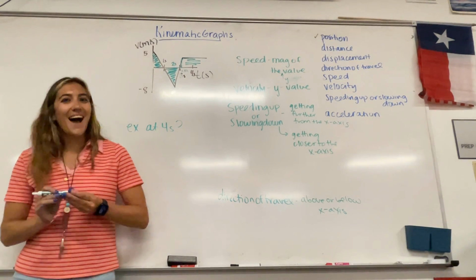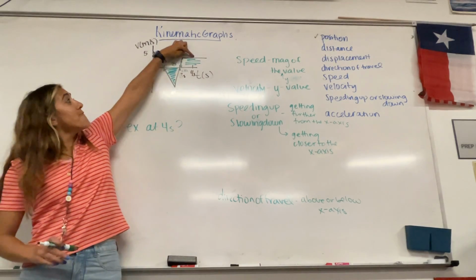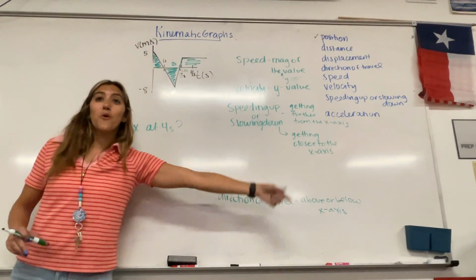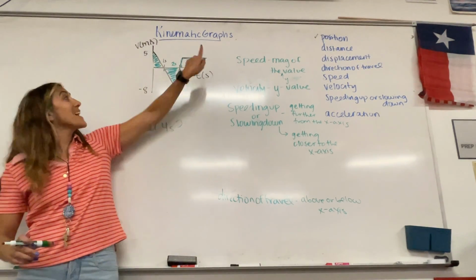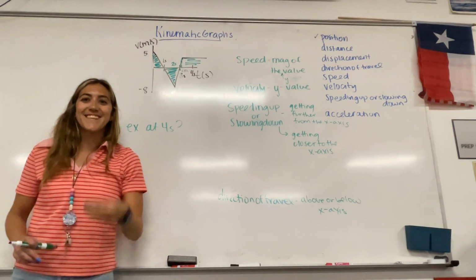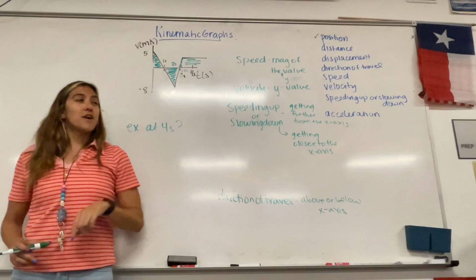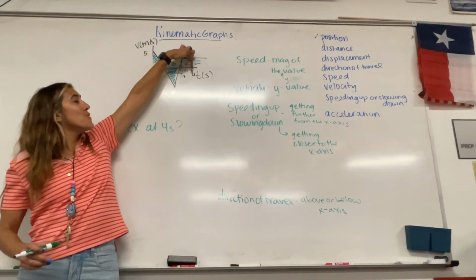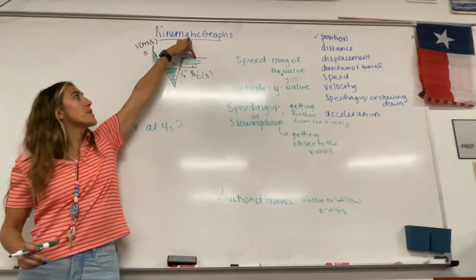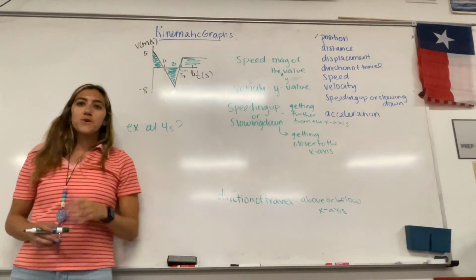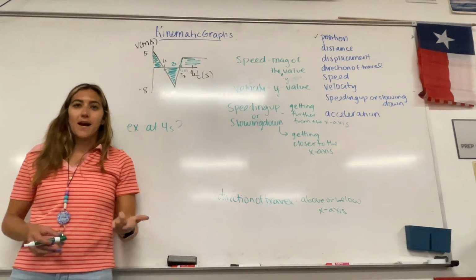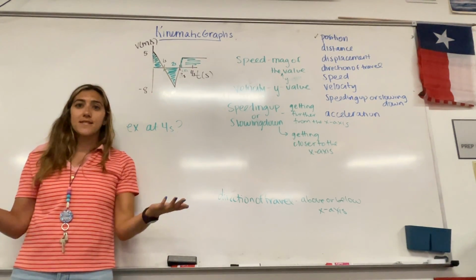I tricked you. I like doing that sometimes. At 4 seconds, I'm not getting closer to or further away from. I'm staying at the exact same speed. I have constant velocity. So constant velocity right there means that I'm staying exactly where I am. So at 4 seconds, I wouldn't be speeding up or slowing down. I'd be at a constant velocity.